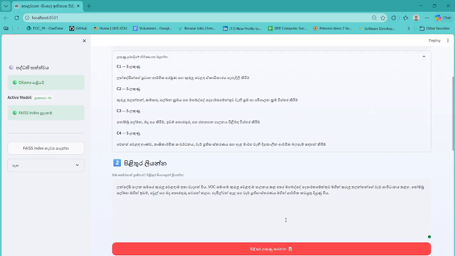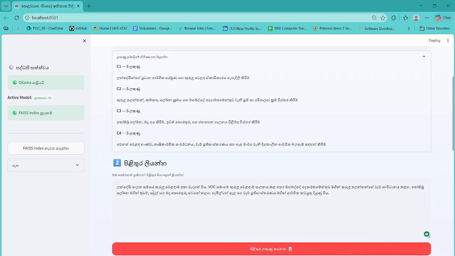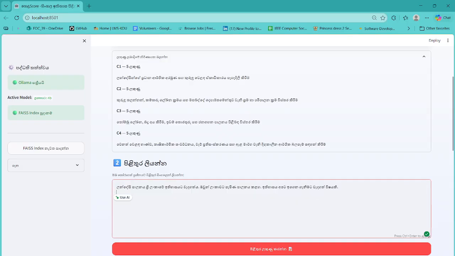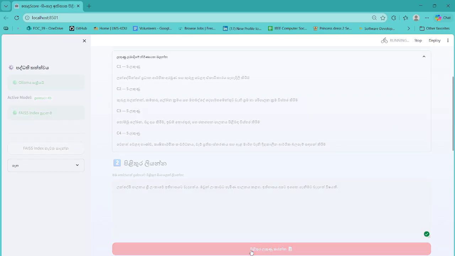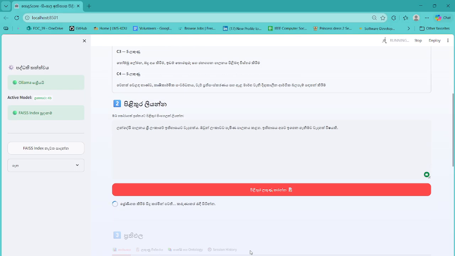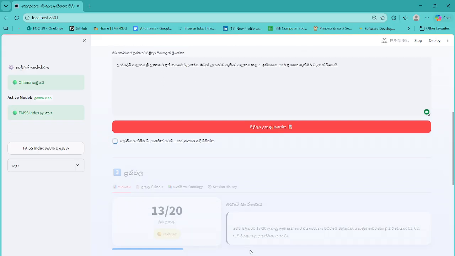Let's try the weak answer. Let's see if my system detects this as a weak answer, and what mark will my system allocate for an answer like this?